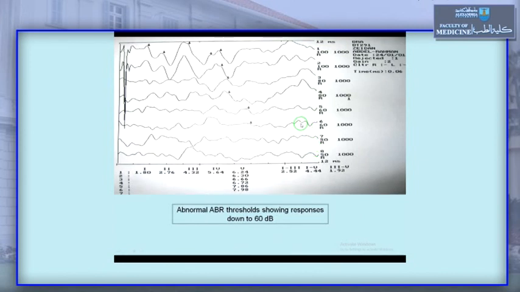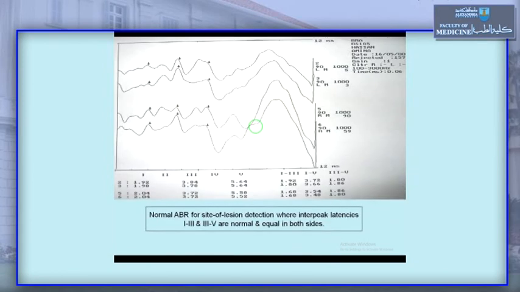Threshold is 60 decibel because it's the least intensity at which we can get responses. That's a case of moderately severe hearing loss. So simply we can detect the threshold of the child by studying the ABR waveforms and looking at the least intensity that can yield auditory brainstem responses.